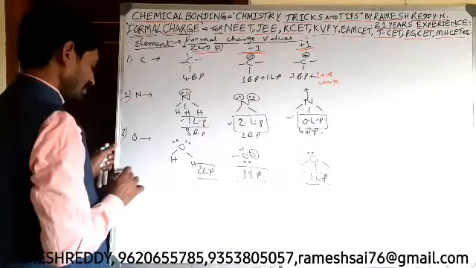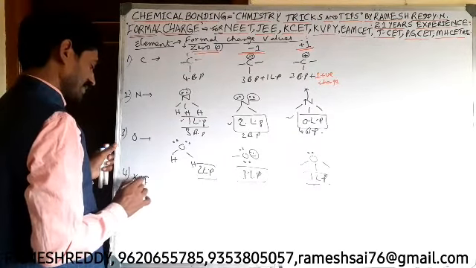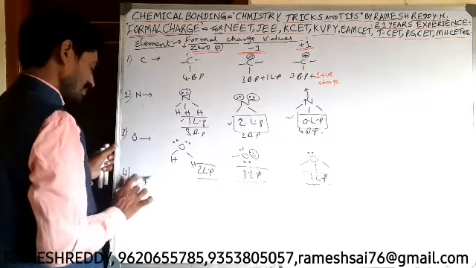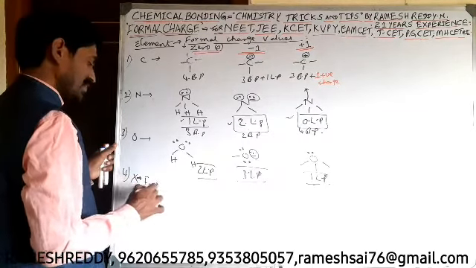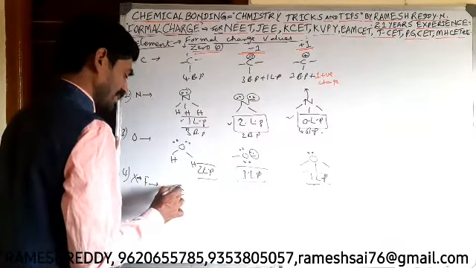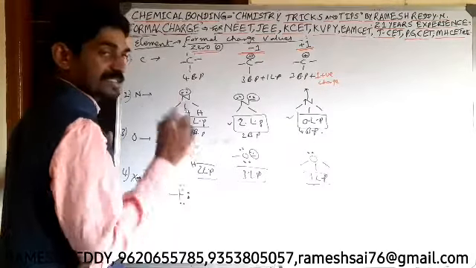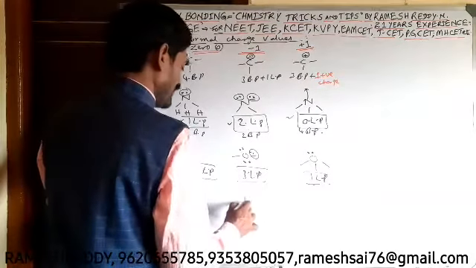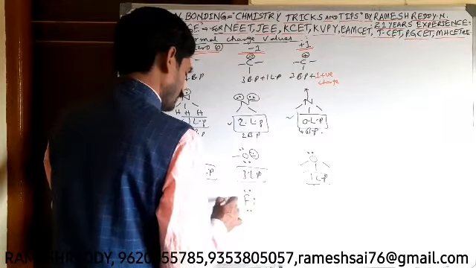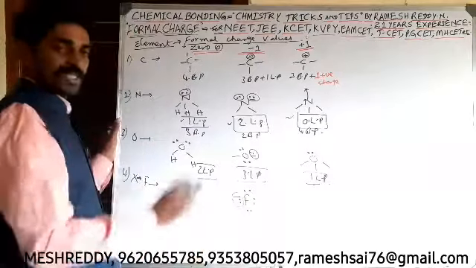In case of halogens, for example fluorine, any halogen. If fluorine has 1 bond pair and 3 lone pairs, then the formal charge of fluorine is 0. If you have 3 lone pairs and the 4th one, the bond, is present as a negative charge, then it is minus 1.